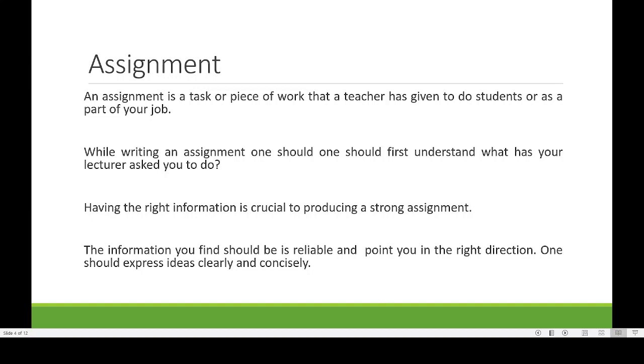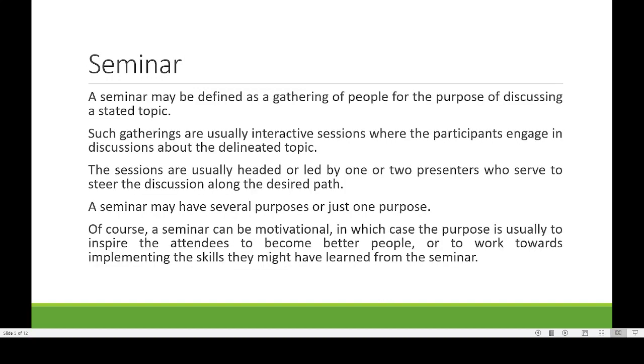In science, lengthy sentences are never expected. Only very brief, short, concise sentences are appreciated. So those are the important points in an assignment.